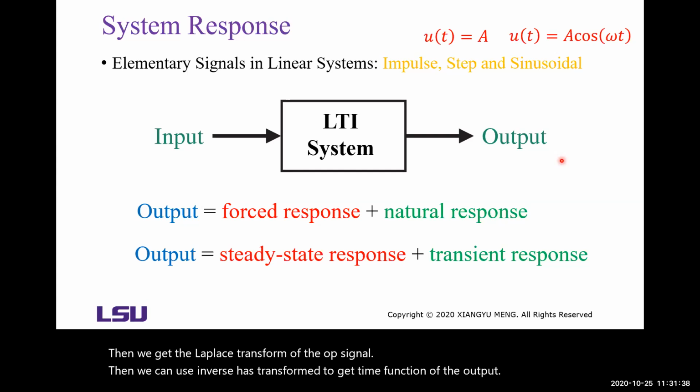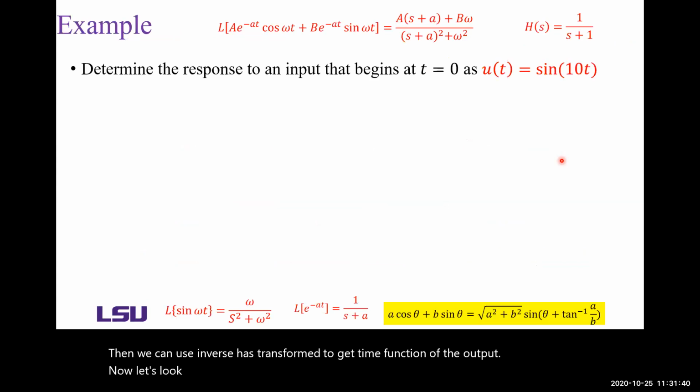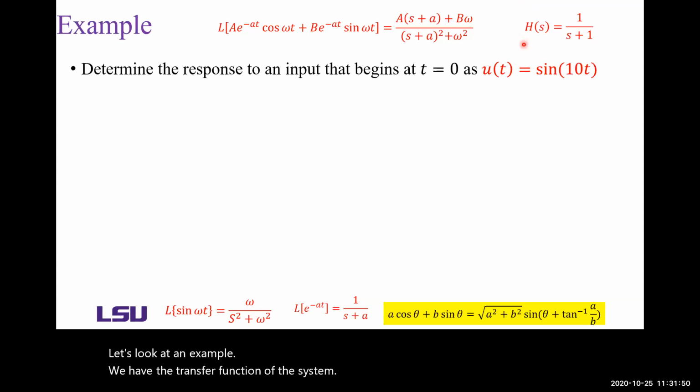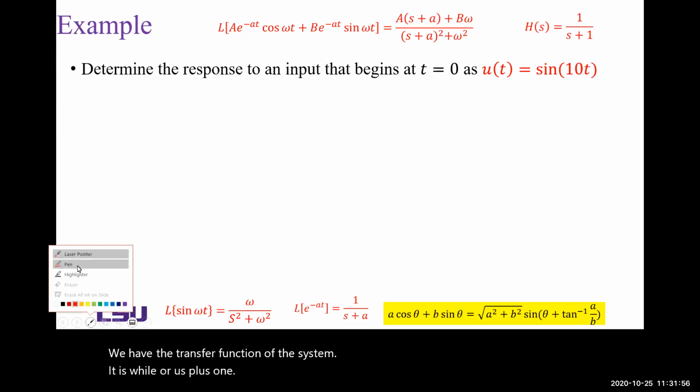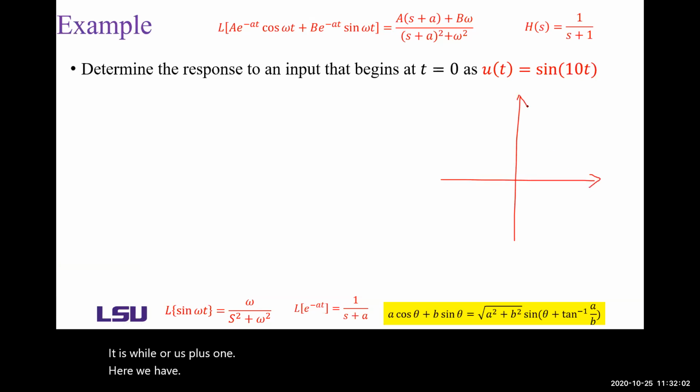Now let's look at an example. We have the transfer function of the system. It is 1 over s plus 1. Here we have a single pole.